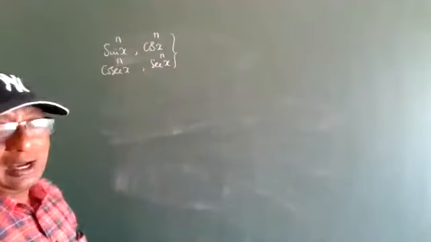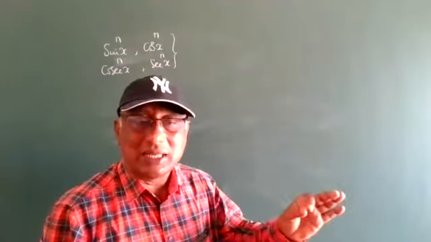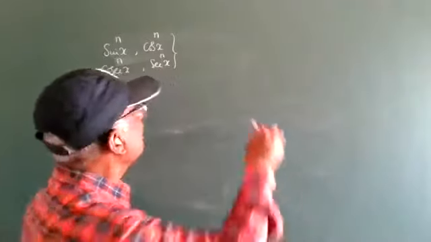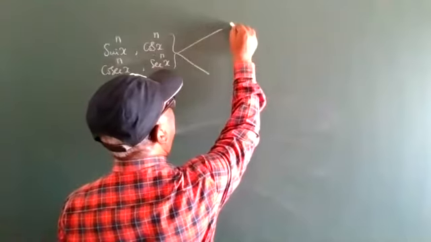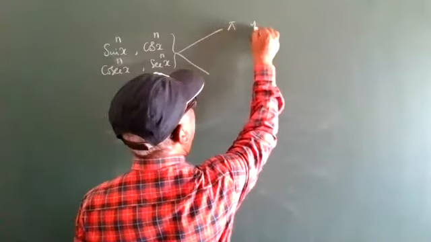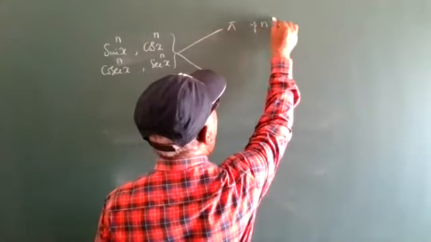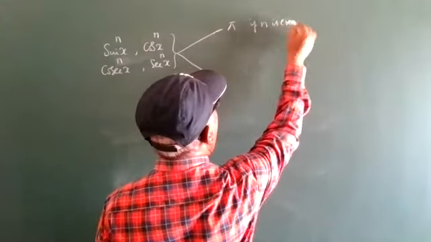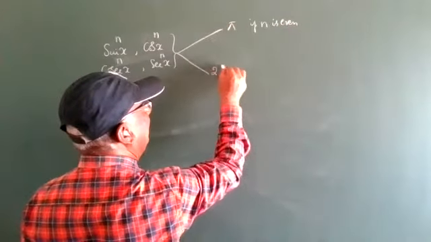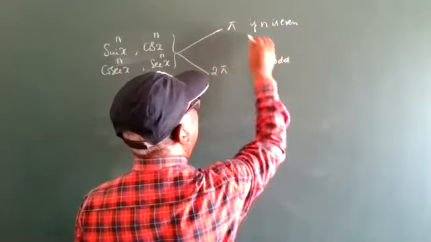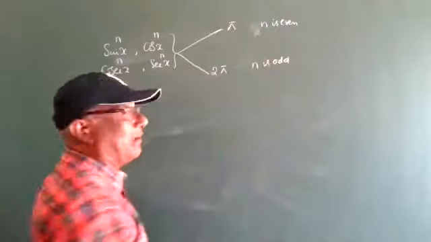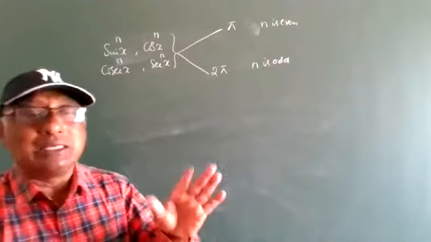For these, with even power, the period is pi. So there are two conditions: the period is pi if n is even, and 2 pi if n is odd.